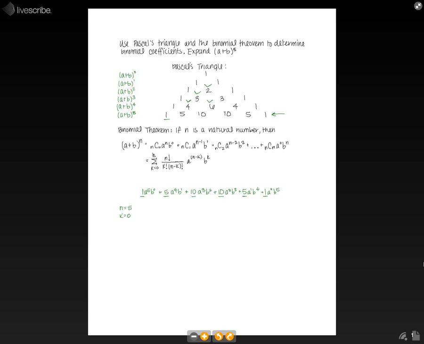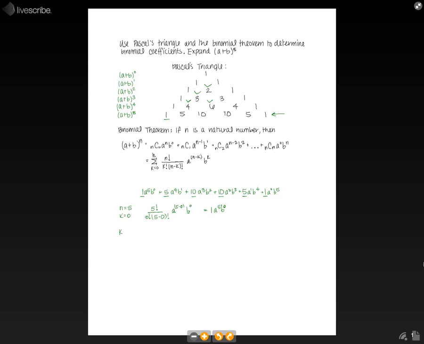Alright, so that means that we have n factorial, so 5 factorial over 0 factorial, 5 minus 0 factorial, a to the 5 minus 0, b to the 0. So that's going to give us our first term, which we already know the coefficient of our first term is always going to be 1. So 1a to the fifth, b to the 0.